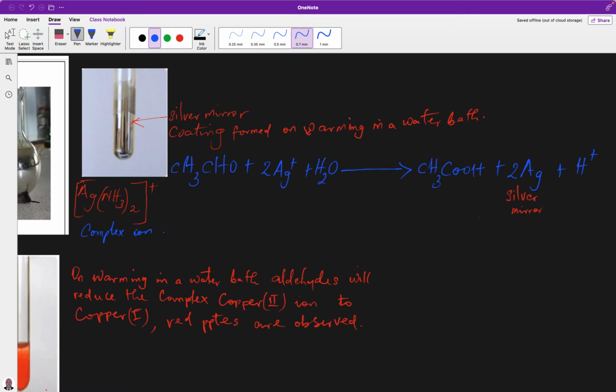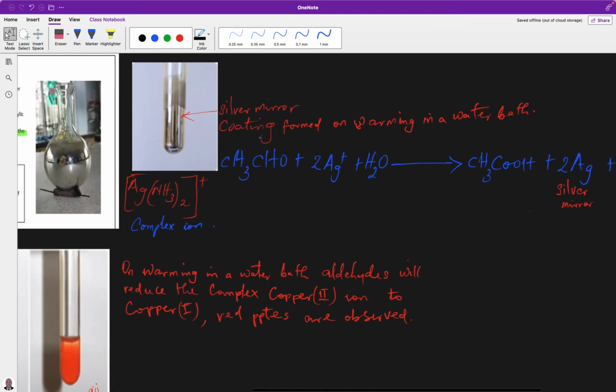When a silver mirror coating forms, we say there is the presence of an aldehyde. In another test tube containing a ketone, there will be no reaction. Therefore, only an aldehyde will give a silver mirror with Tollens reagent.